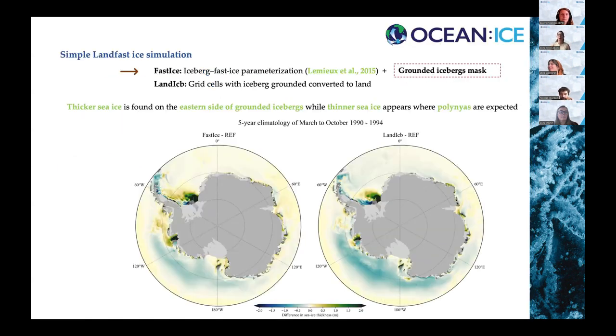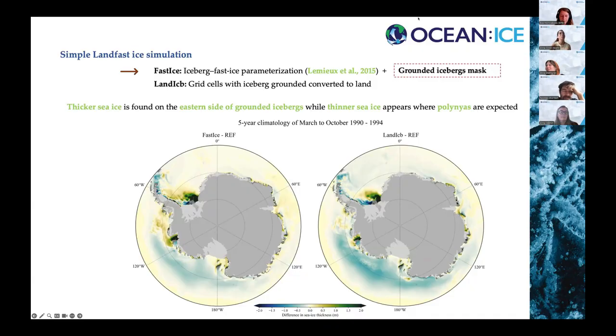And finally, we have conducted 2 extra experiments in which we have been trying to simulate these iceberg sea ice interactions, which are currently lacking in NEMO, in a simple way, just to see if we can reproduce the landfast ice cover.